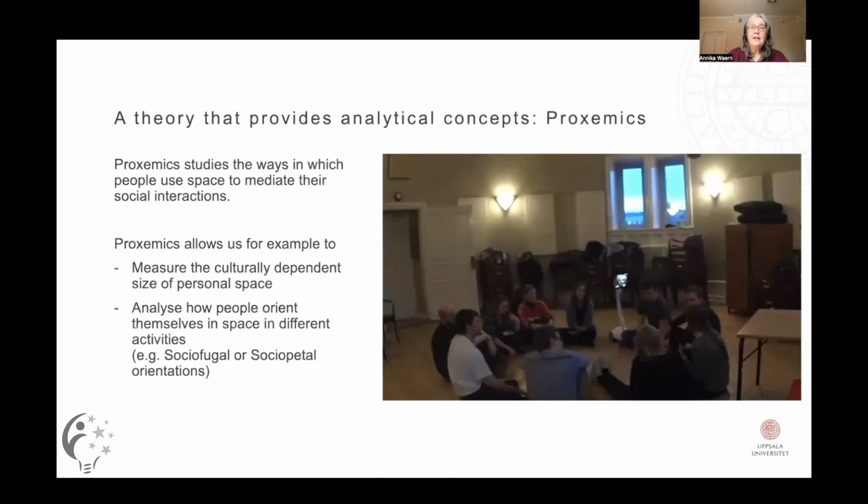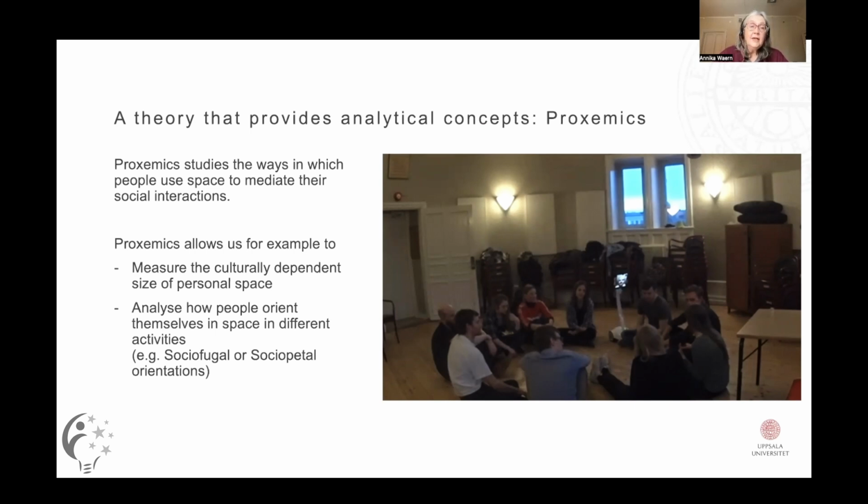Going further from here, let's take a theory that provides analytical concepts, and the one I have selected is proxemics. So proxemics is a theory that's built on a lot of empirical study, and it looks at the ways that people use space to mediate social interaction.